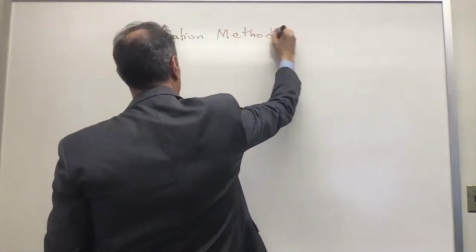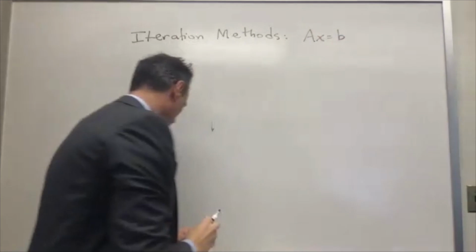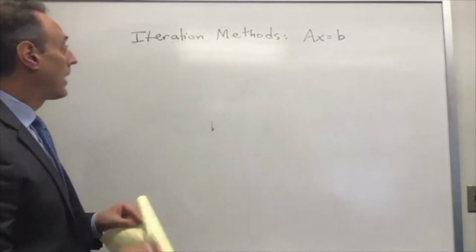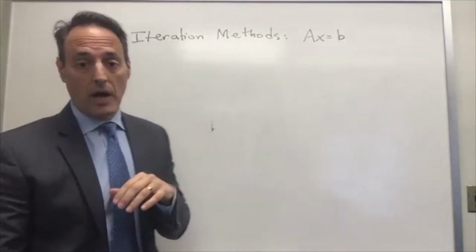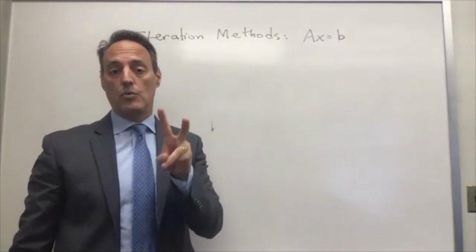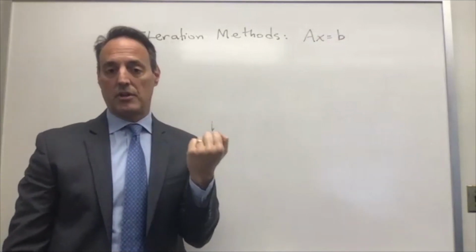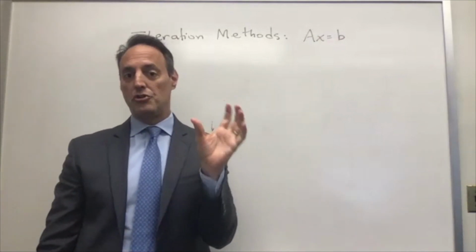So this is our topic: iteration methods for AX equal to B. Okay, today we're going to talk about two methods in particular. The first one is called the generalized method of residuals, often called GMRES.